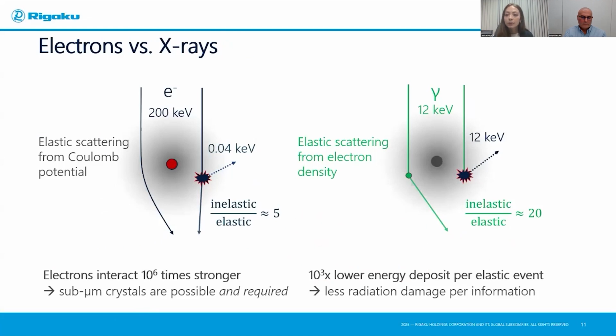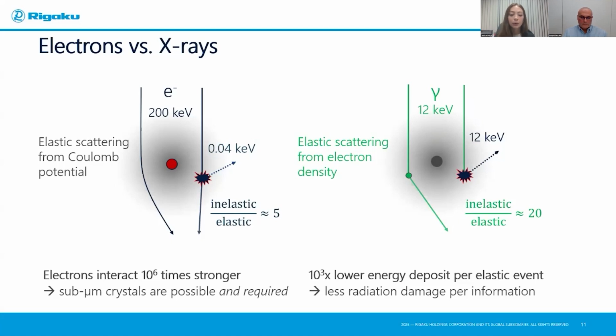And the reason why we're able to analyze these small crystals is because we are using electrons as our radiation source. So I'll walk through just a couple of differences between electrons and X-rays. The first of those is that electrons will elastically scatter from the Coulombic potential of our material, as opposed to X-rays, which are scattering off the electron density.